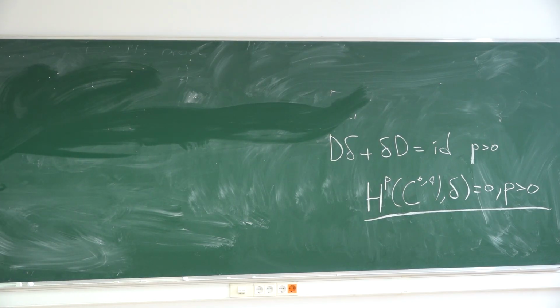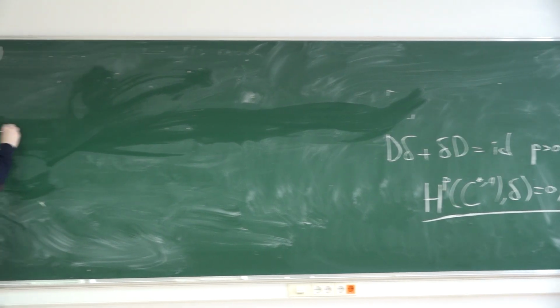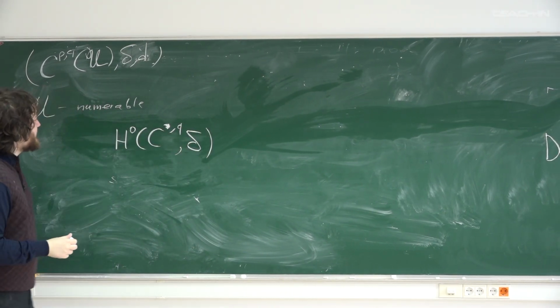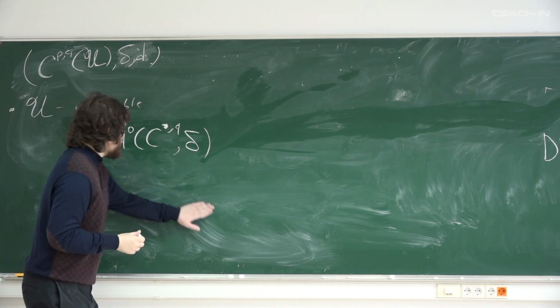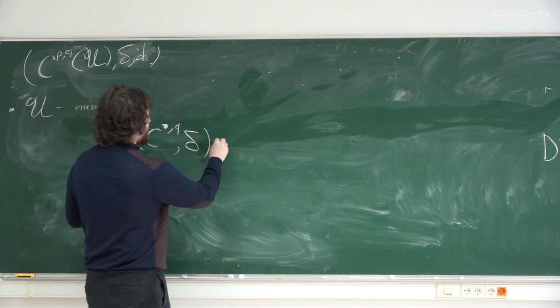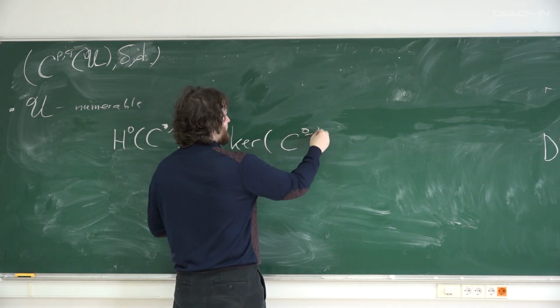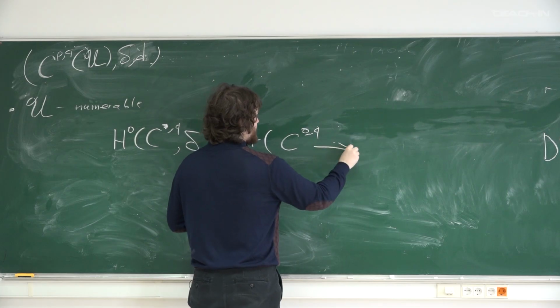Let's compute the zero homology. What is the zero homology of this B complex? It's just the kernel of delta on C^0.